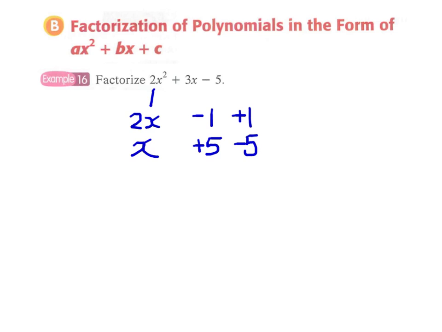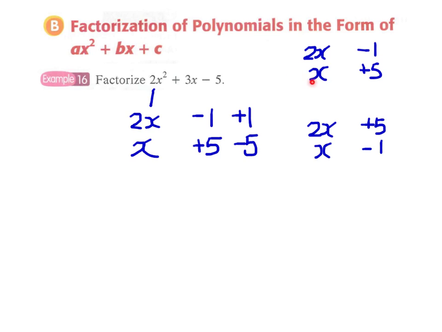And if we cross multiply these factors, we will have a total of 4 pairs of factors. The first one will be 2x times x, with minus 1 and plus 5 here. But then we can immediately realize that the minus 1 and plus 5 can be interchanged. The position can be interchanged to make up another pair of factors.